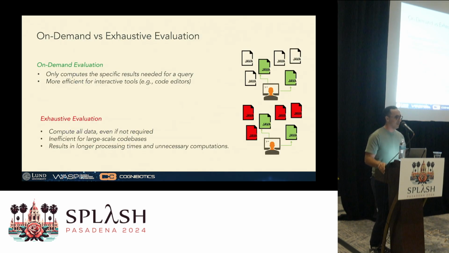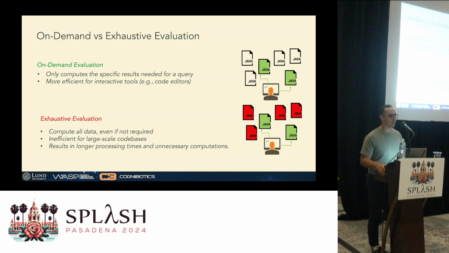Demand-driven basically means we just analyze what we actually need, without computing the results for our entire code base. It's basically the opposite, or the dual, of exhaustive evaluation, where we compute all the data, even if it's not required.